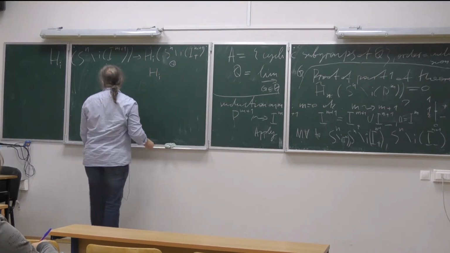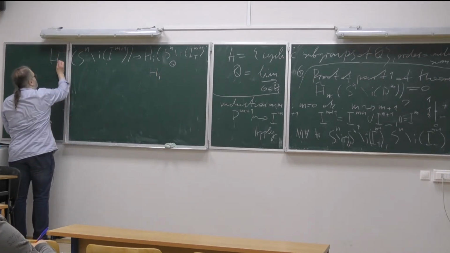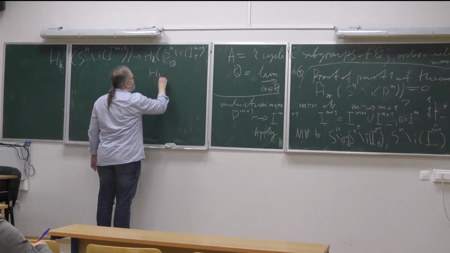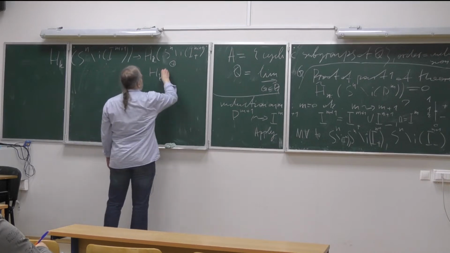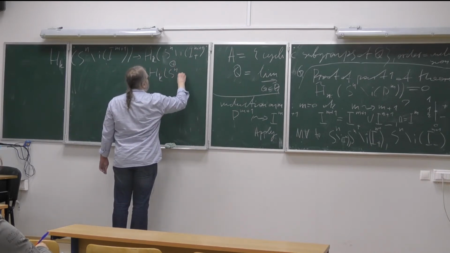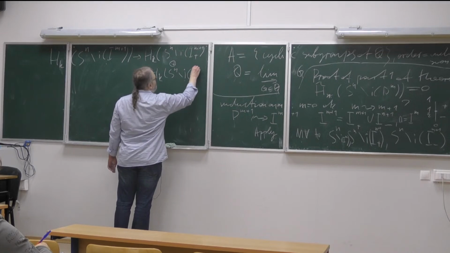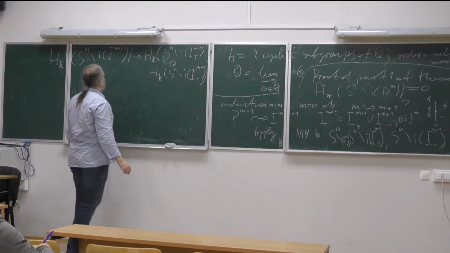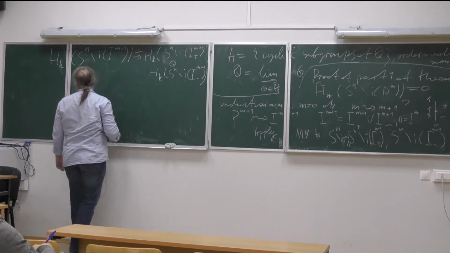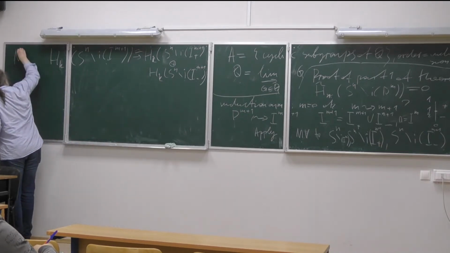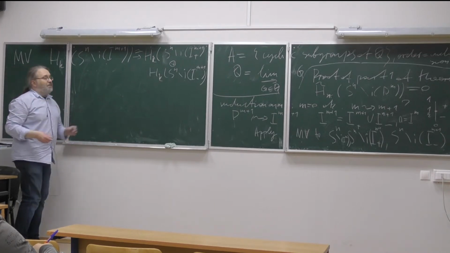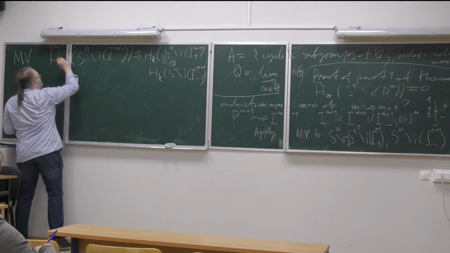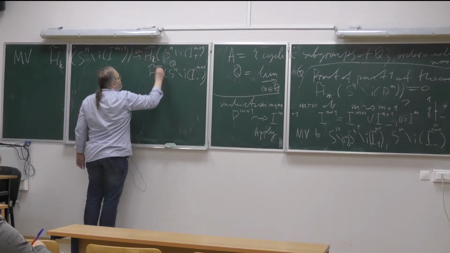No, too many i's. Let's put a k here. Now I have these isomorphisms from the Mayer-Vietoris sequence. Does everyone agree? Oh, by the way, I need to put the tilde everywhere.